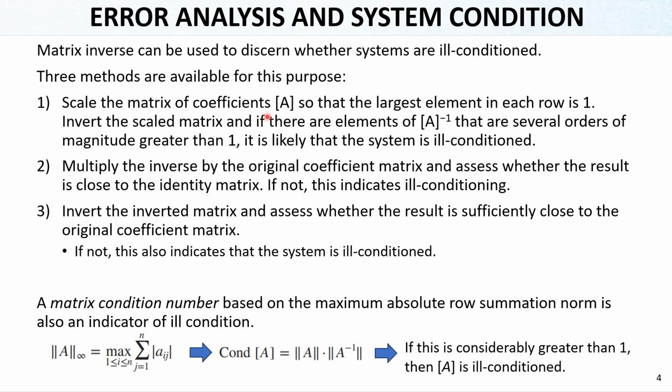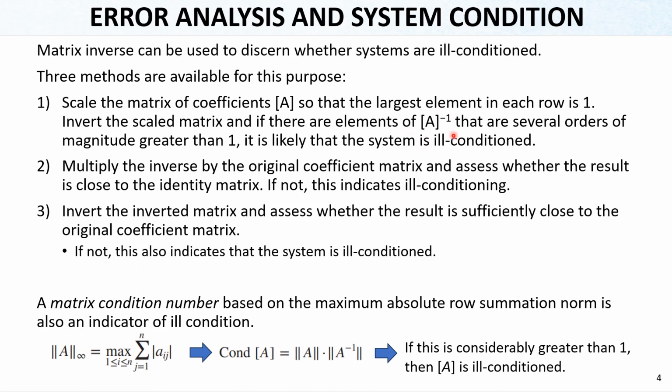So first, have a normalized matrix of A. For each row, the maximum constant will be 1. Then take the inverse of it. How? By using LU decomposition.